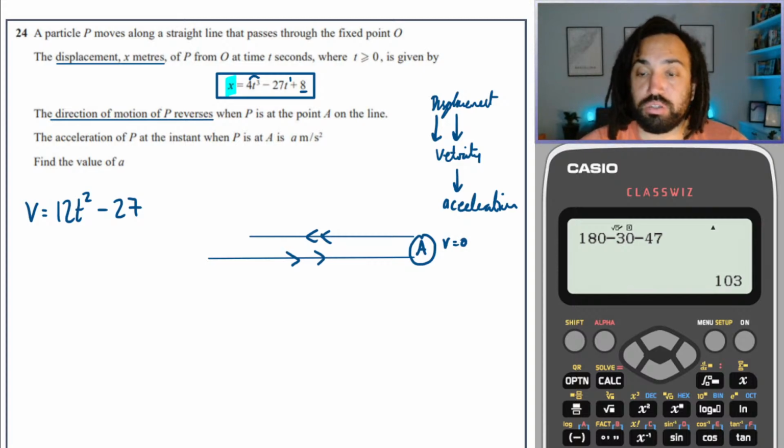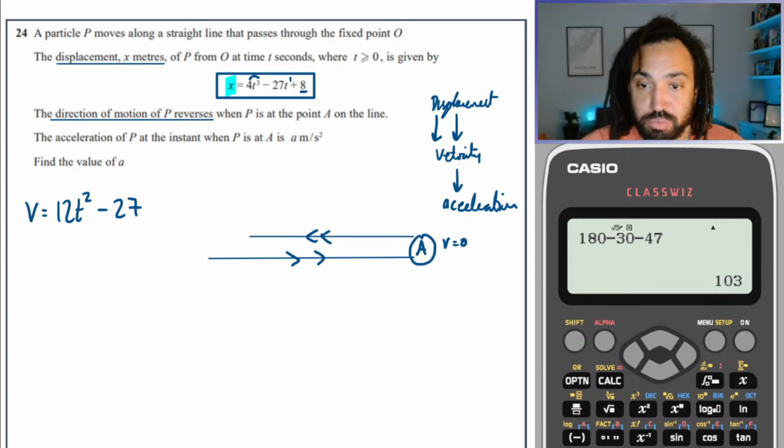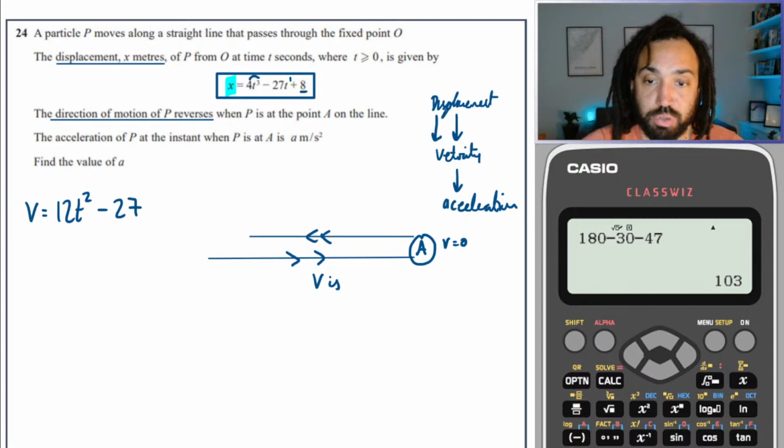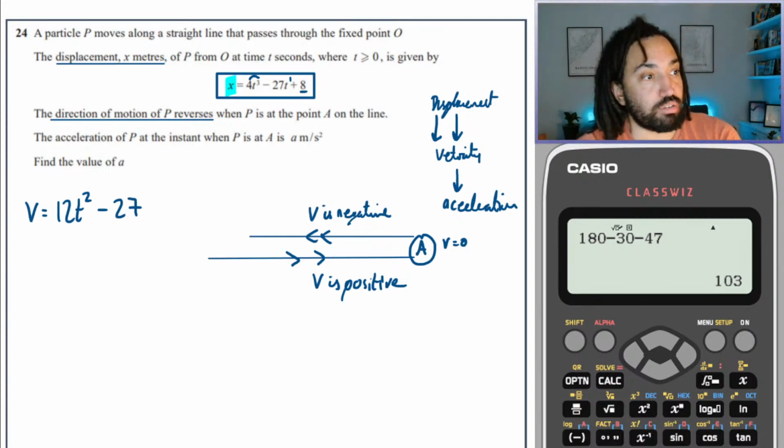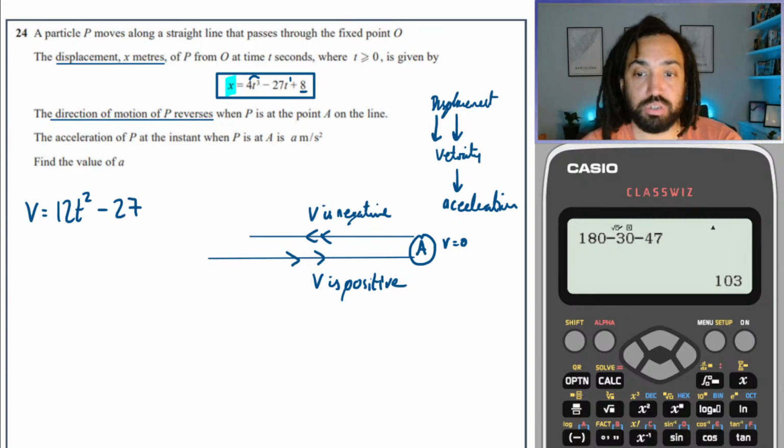Okay? Because in this instance, when it's moving to the right, the velocity is positive. And then when it's moving to the left, the velocity is negative. So when it turns around, the velocity is 0. It goes from positive to negative.